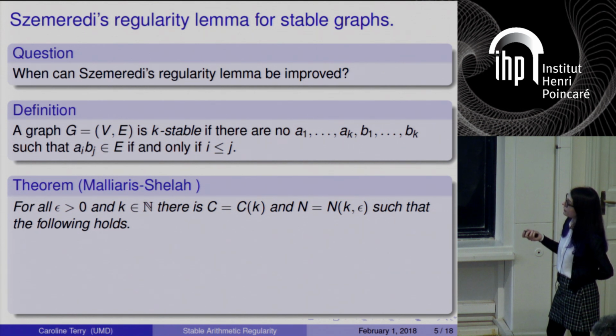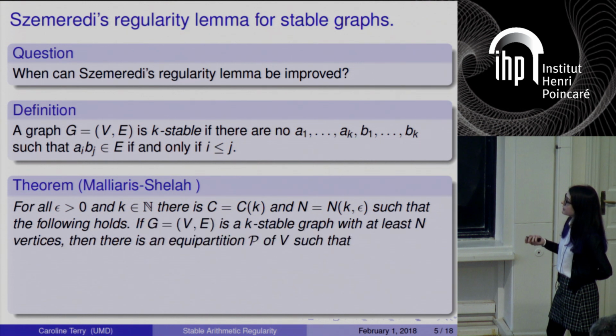This is a theorem of Malliaris and Shelah, and this shows exactly what one would expect: if you bound the size of a half graph, you have no irregular pairs. In particular, it says that for all epsilon and k, there's some constant n, such that if G is a k-stable graph with at least n vertices, then there's an equipartition of the vertex set such that the following holds.